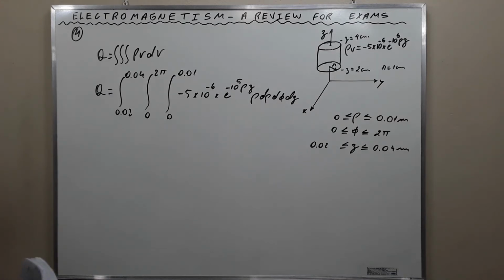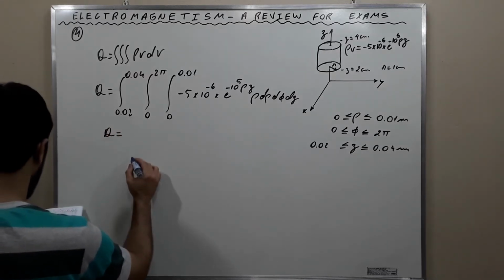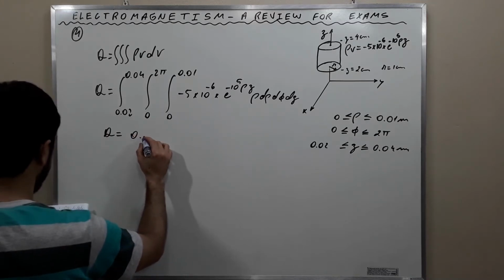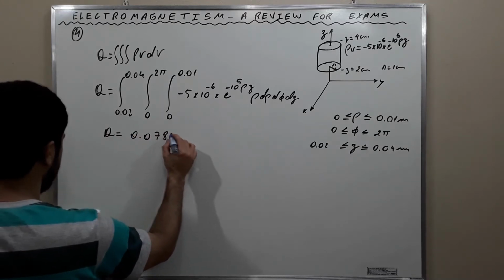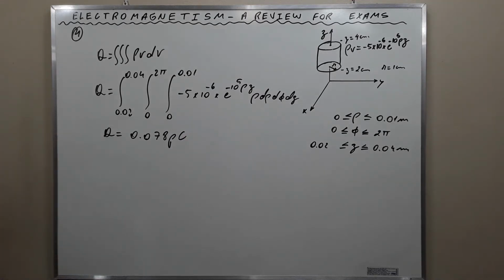Okay? And by developing this, we get that Q is equal to 0.078 picocoulombs. Okay, my friends? This is the solution of exercise 4.